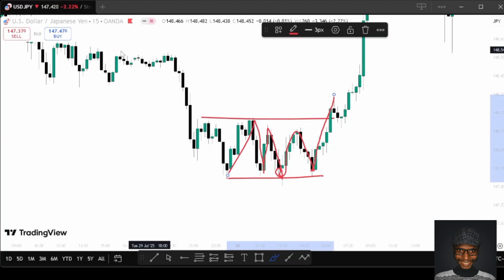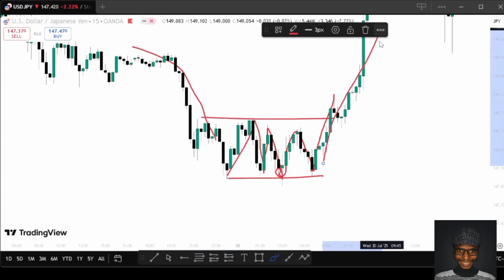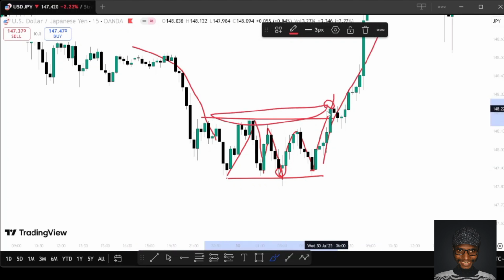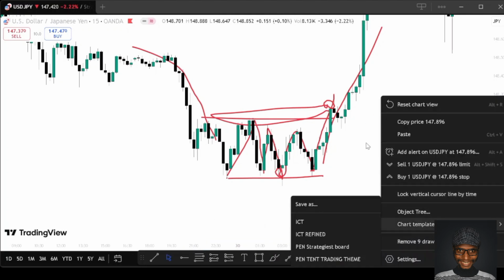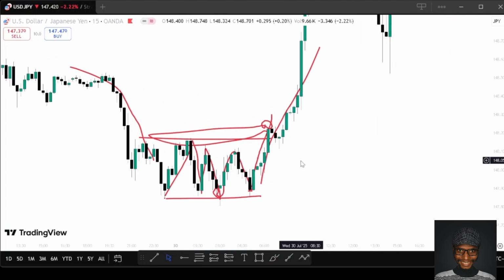And as you can see, from going bearish, price continued going bullish after breaking past the consolidation with this candle here. That is exactly how to spot market structure.